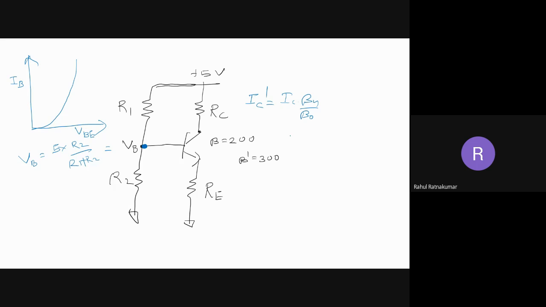So because of this new IC, what is happening? We have the voltage equation, the KVL equation, for the output.